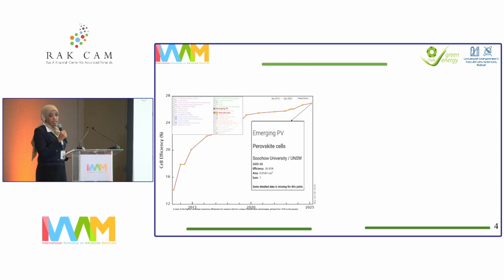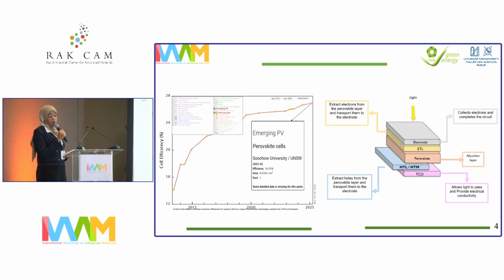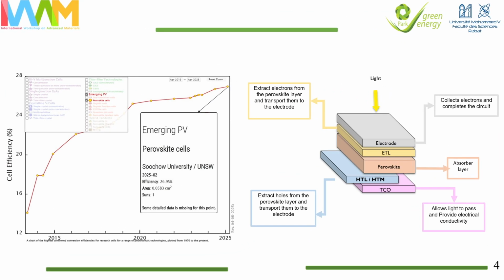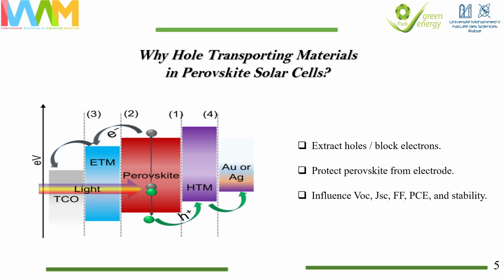Over the last decade, perovskite solar cell efficiency increased from 3.8% to 27% in just a few years. These devices are mainly composed of 5 different layers. Among them, the HTL or HTM is one of the gatekeepers of performance, responsible for collecting the holes from the perovskite absorber layer and transporting them to the electrode.